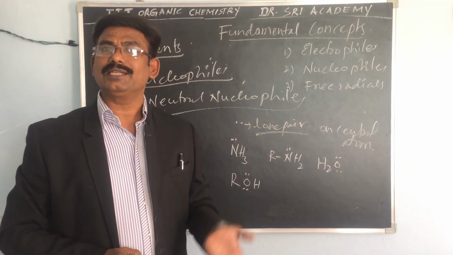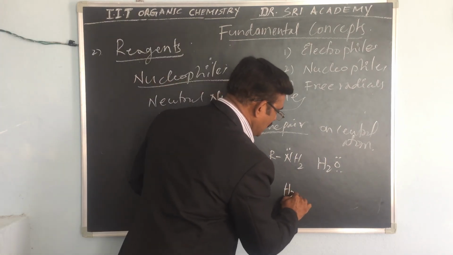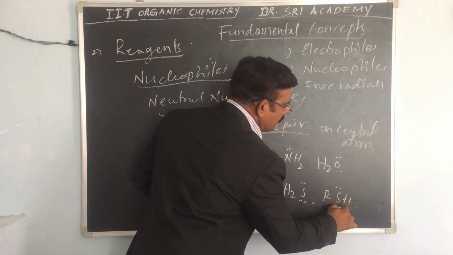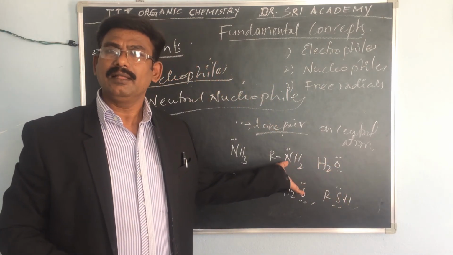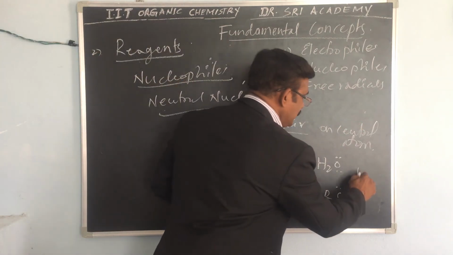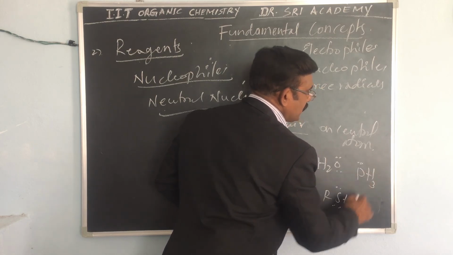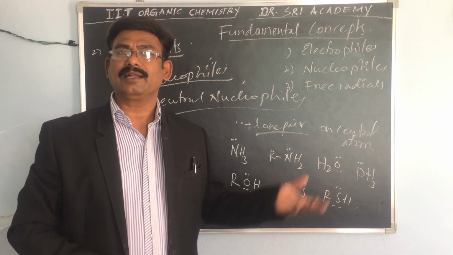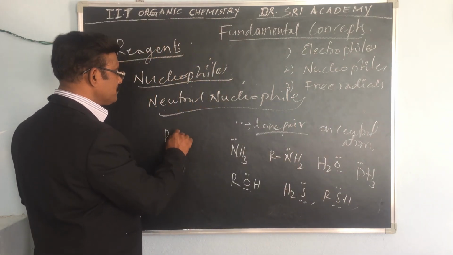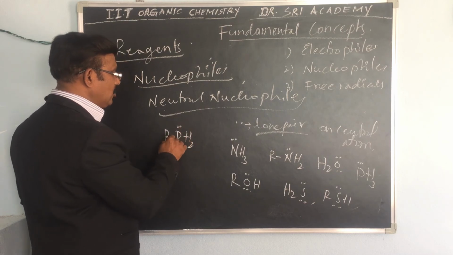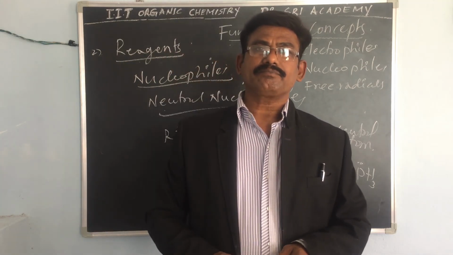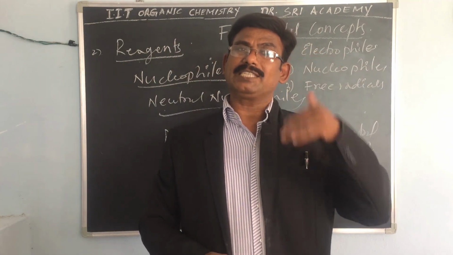H2S, RSH, all contain lone pairs of electrons. PH3, phosphine, phosphorus containing a lone pair, or PH2 with an alkyl group, and phenylphosphine.